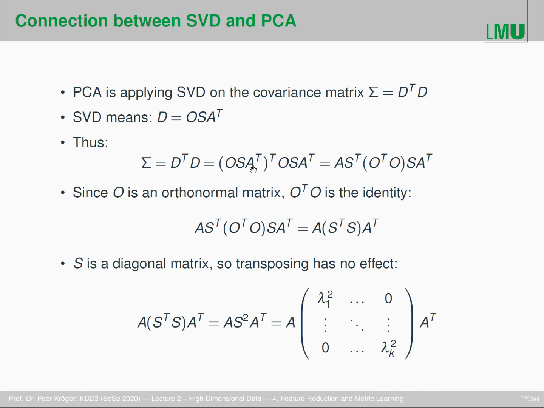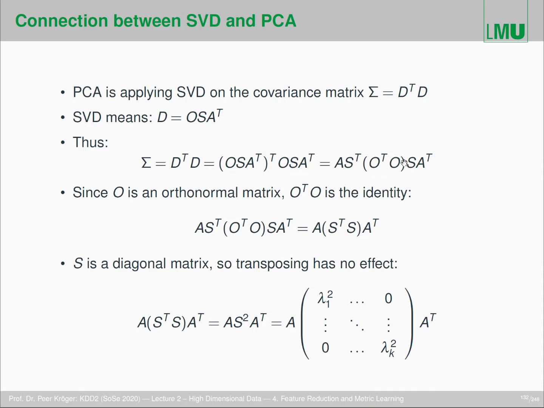Okay, then I have to rearrange and recompute a little bit. The transposed version of this one here is just taking all the transposed versions of the multiplication, changing the order, and then A transposed comes down to A times S transposed times O transposed. These are the first three, and then we have the remaining three, which is O times S times A transposed.